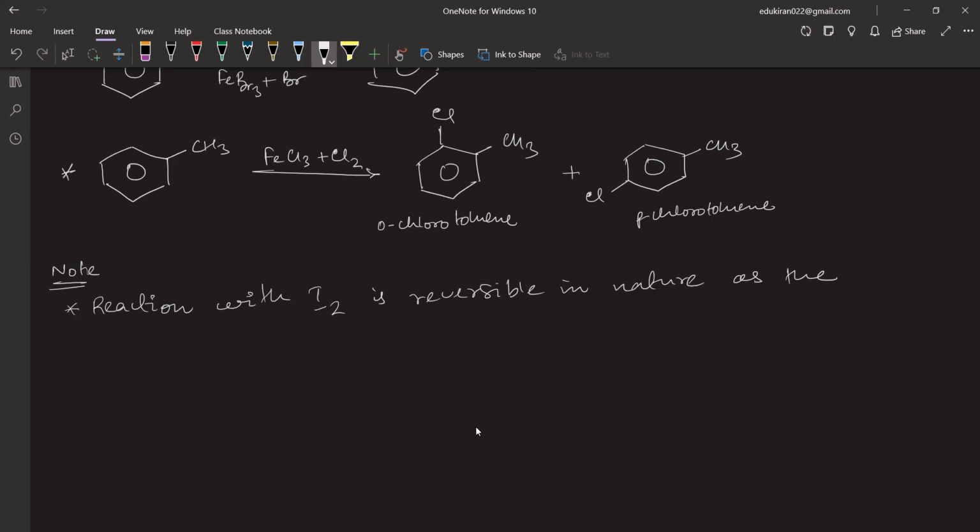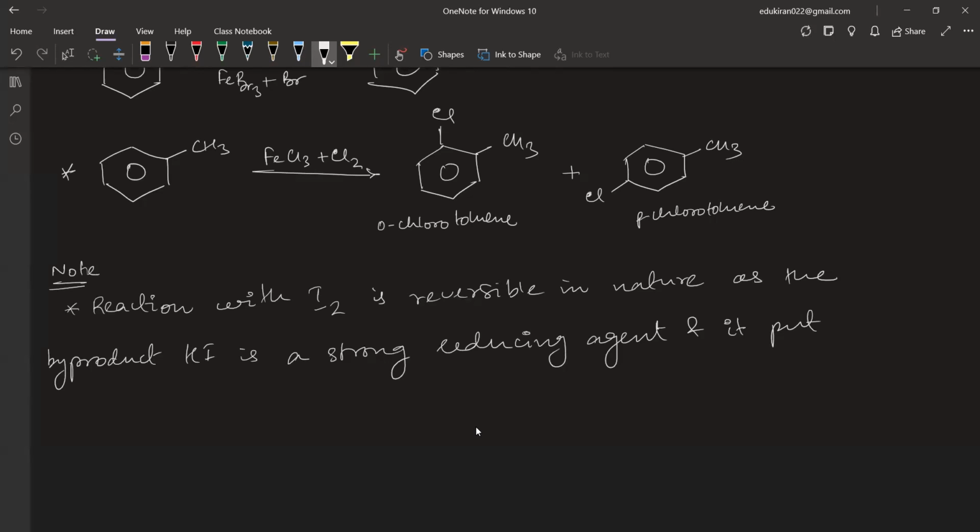As the byproduct, HI is a strong reducing agent and it reverses the reaction.